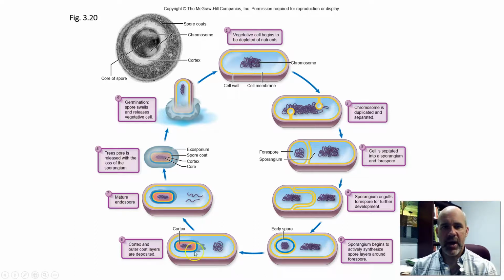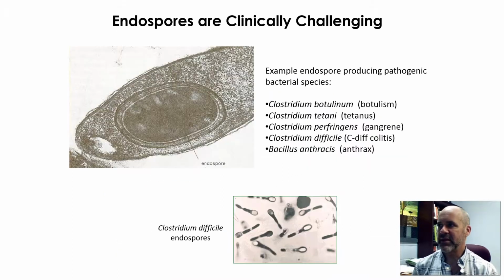And the chemical properties, the chemical composition of the cortex and the other coat layers makes this spore very, very, very resistant to things that are being encountered out in the environment. And that's really all I care that you know about with regard to endospores. Don't try to memorize the detailed process for how these endospores form.